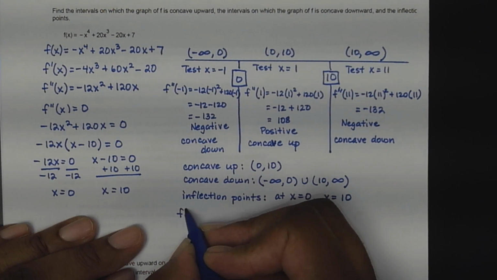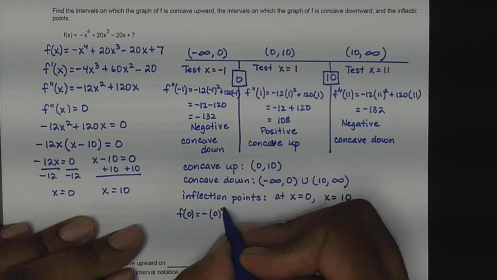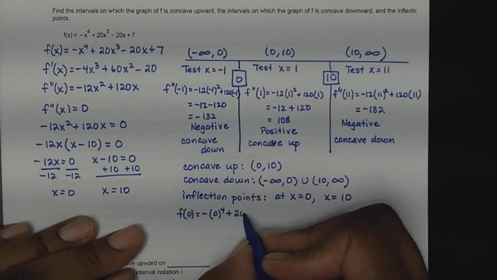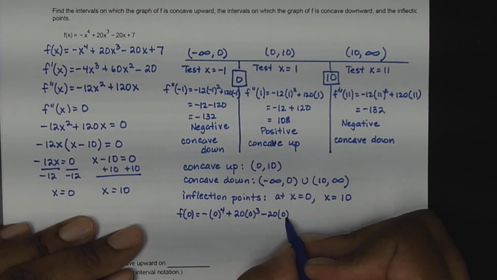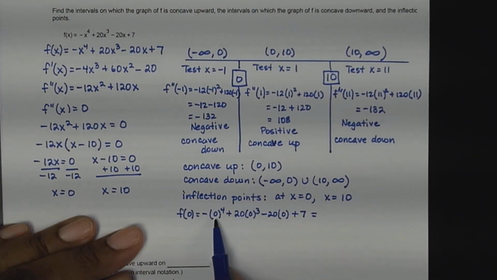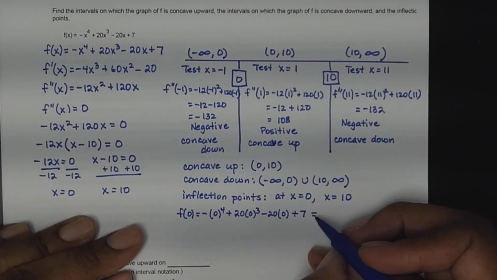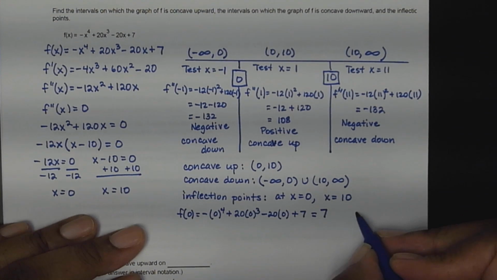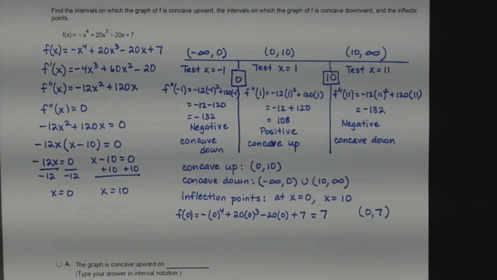And I think 0 is going to be quite easy to do because you can have negative 0 to the fourth plus 20 times 0 cubed minus 20 times 0 plus 7. And I can tell you right now, this will be 0, this will be 0, that will be 0. Plus 7 ends up being 7. So 0, 7 is one point of inflection.